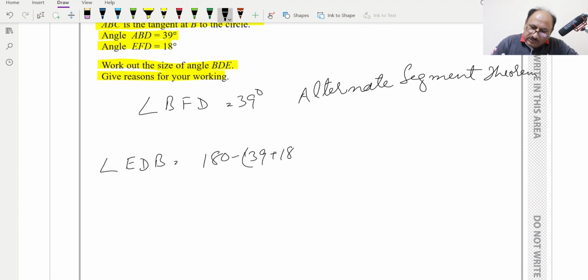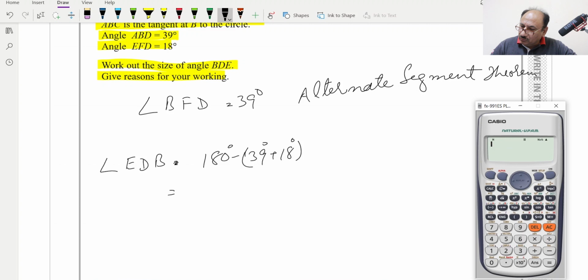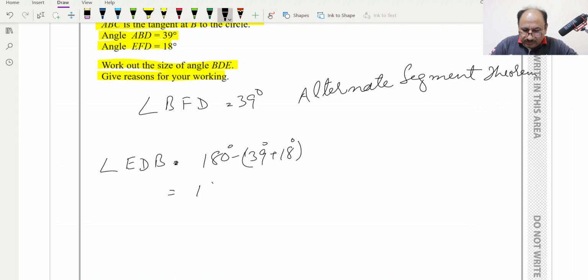We will write the reason for this also, but first we will calculate this. 39 plus 18 degrees, and this is equal to 123 degrees.